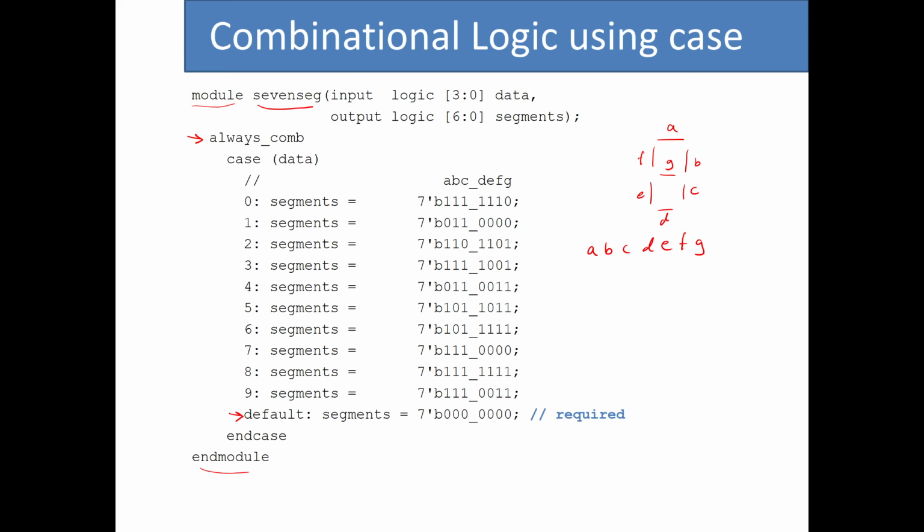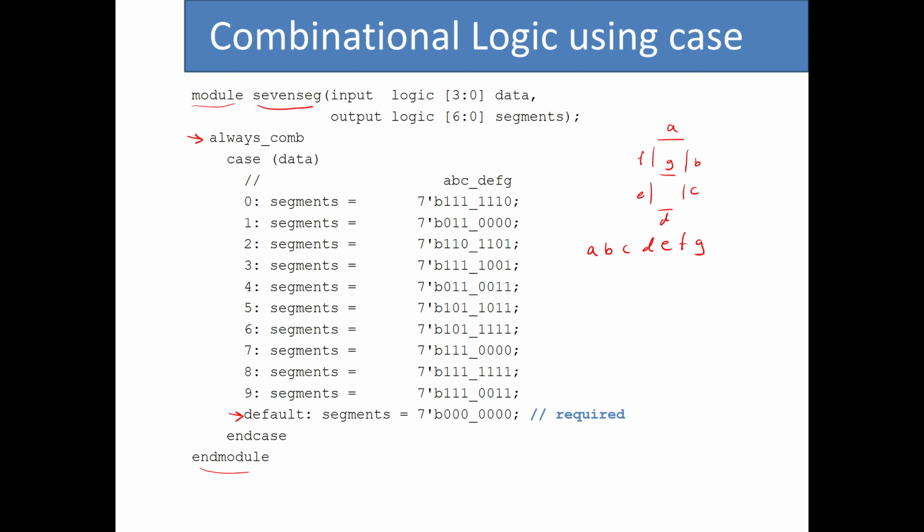One was that for all the values greater than 9, the LEDs are off. One other option was for all the values greater than 9, you show the hexadecimal equivalent, right? So this one clearly only shows the values between 0 and 9, and for all the values greater than 9, you set the outputs to be all 0, so all the LEDs are going to be off.